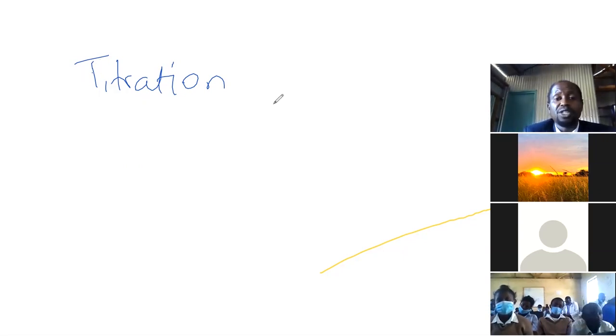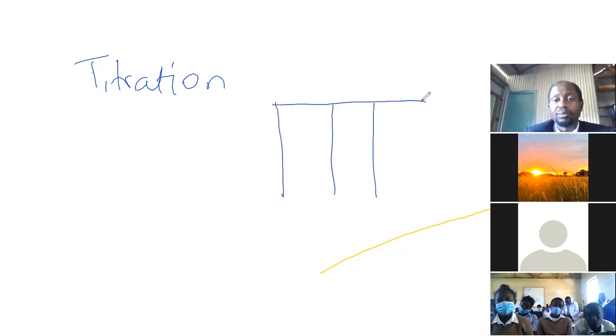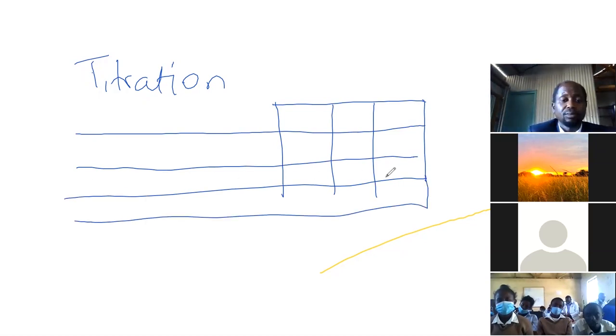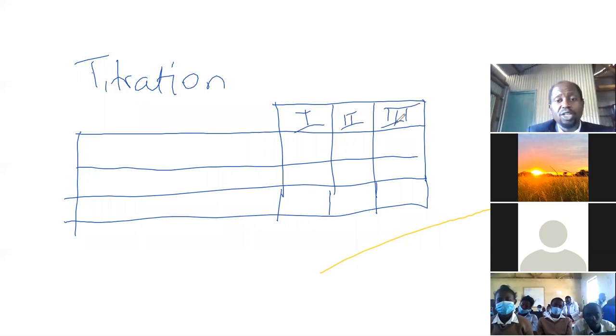So the titration table, which I'm sketching, has 3 titrations normally. The first row, final burette reading.